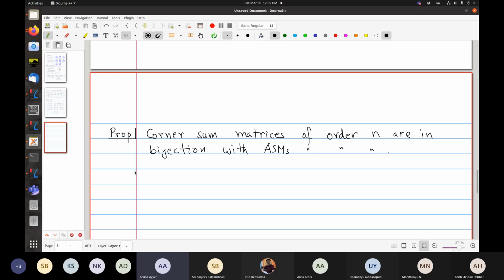Okay, so the proof is essentially, so let C be a corner sum matrix.